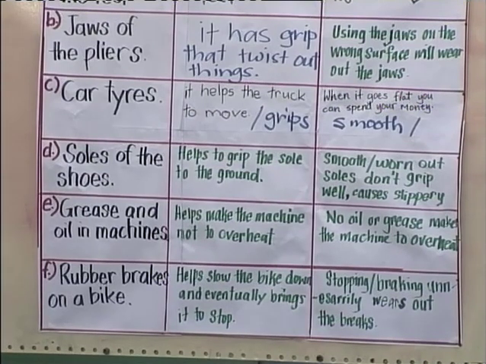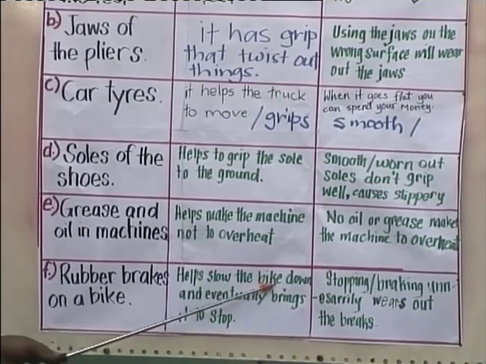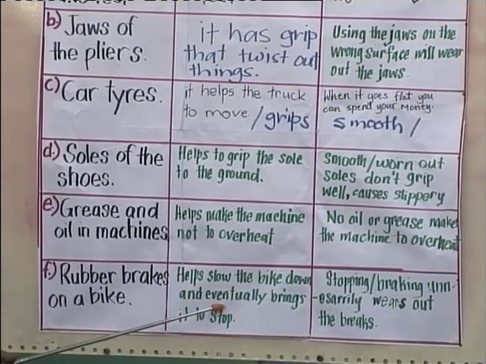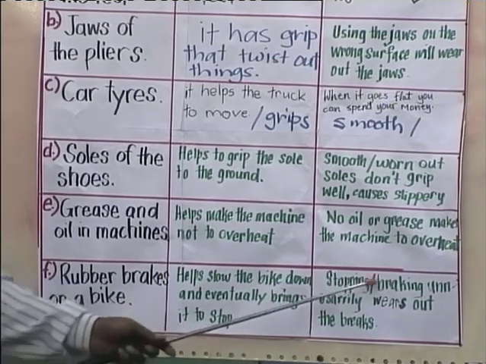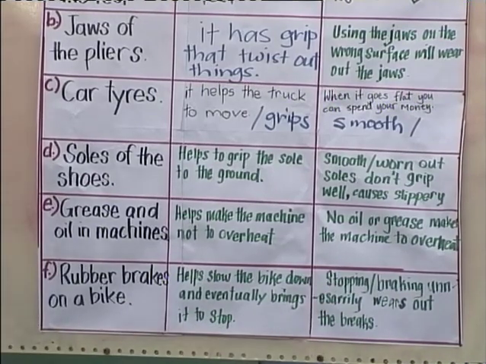Okay, and rubber brakes on a bike, the advantage is it helps to slow the bike down and eventually brings it to a stop. Now, if there were no rubber brakes, stopping or braking unnecessarily wears out the brakes. And of course, it will cause a little accident.